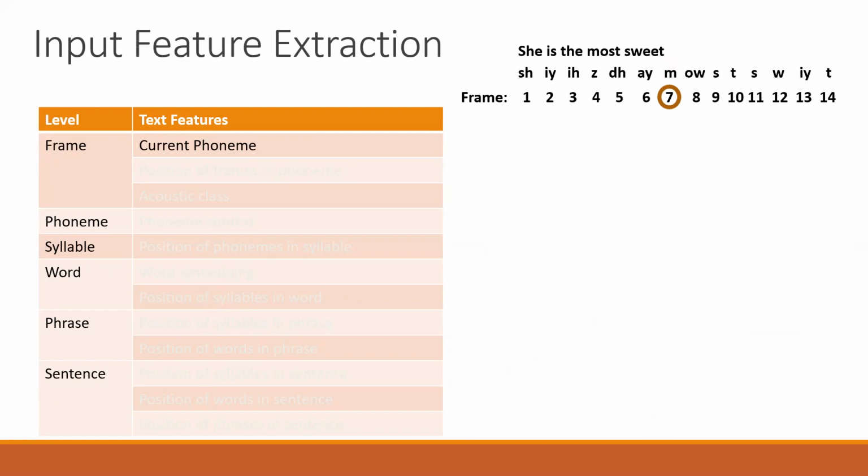For example, if we would like to extract the feature at frame 7, the current phoneme of frame 7 is M, but we can't use the M symbol. We have to convert the M symbol into something numerical. In this case, we convert it to a vector called a one-hot vector. That means the index of phone M is set to 1.